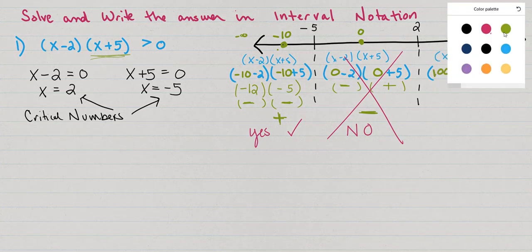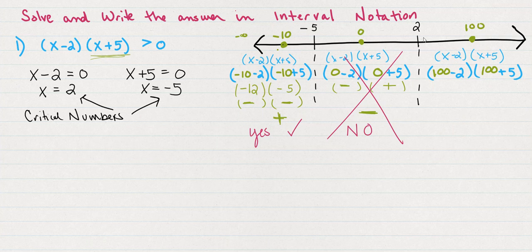And then we move to the last segment that was divided up by the critical number. So from the critical number 2 up to infinity, on this interval, I picked a 100. Well, why did I pick such a big number? Because when I pick a really big number there, it becomes dead obvious whether it's positive or negative, right?